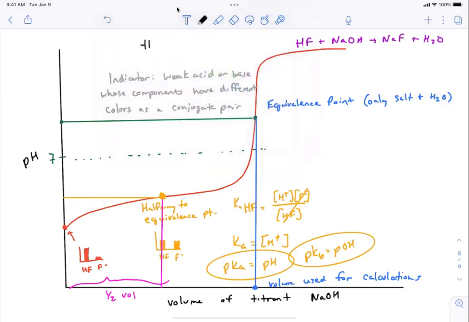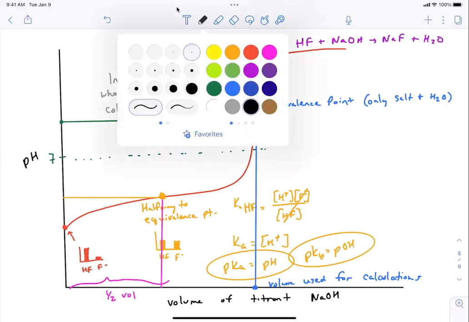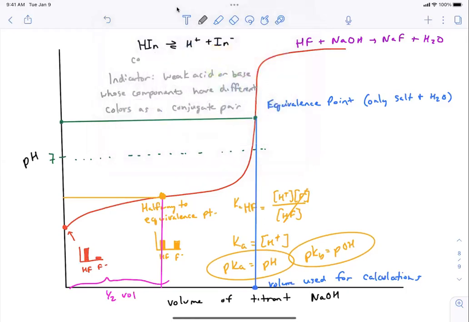So let's assume that we have a weak acid indicator. What we assume is that this would be one color and this would be a different color. So when you start titrating and you shift the equilibrium, the color changes. It's like phenolphthalein.